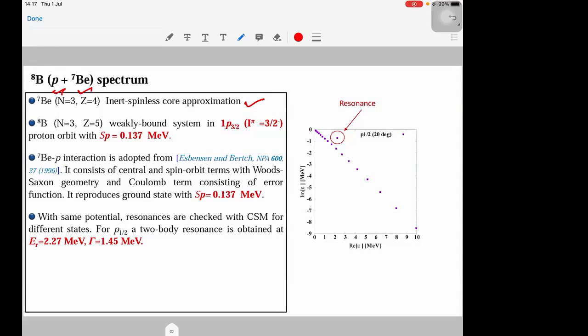And 8B is known to be a weakly bound system with the valence proton sitting in the p3/2 orbit with a 1 proton separation energy of 0.137 MeV. So we look for an interaction between the core and the valence proton to reproduce this 1 proton separation energy.